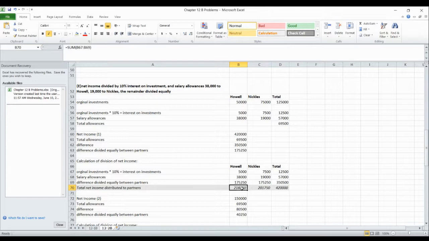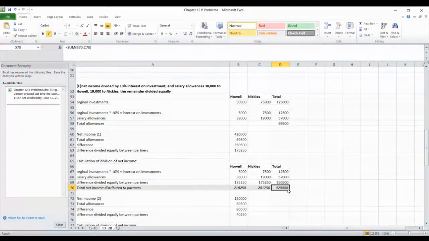These two answers are what go into Cengage. Now you can total this up just to make sure that your calculations are correct. So I would add the total net income that was distributed to Hal plus the total net income that would be distributed to Nichols, a total of $420,000.